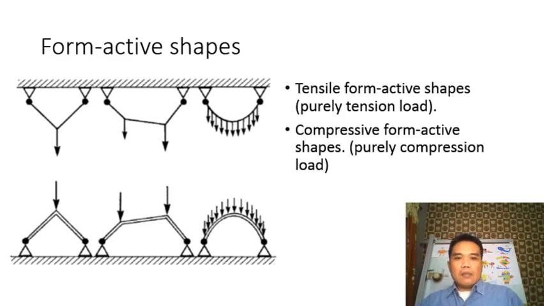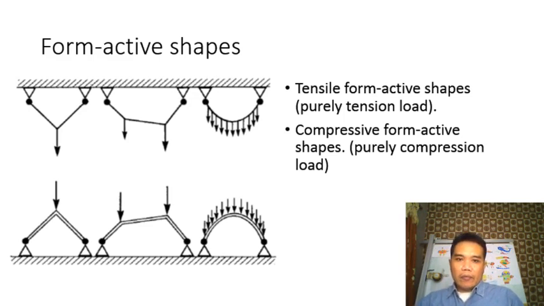The next is what we call form active shapes. The next discussion about these form active shapes actually has a strong relation with the funicular structure that we discussed in the previous video.